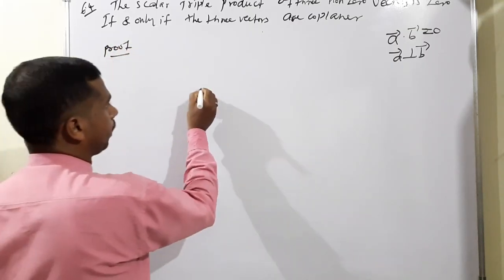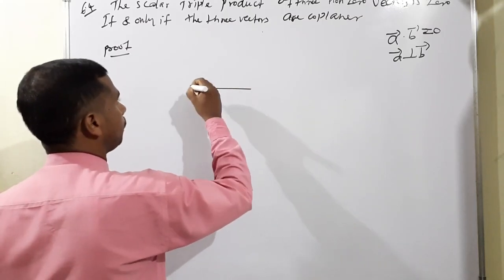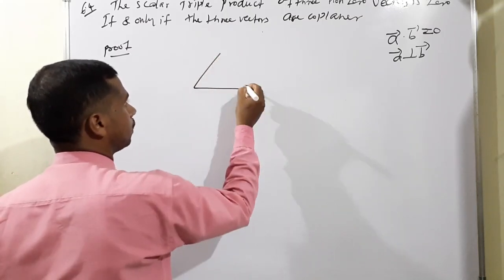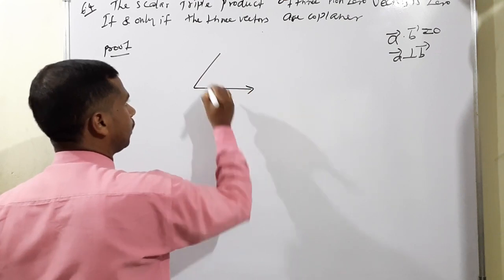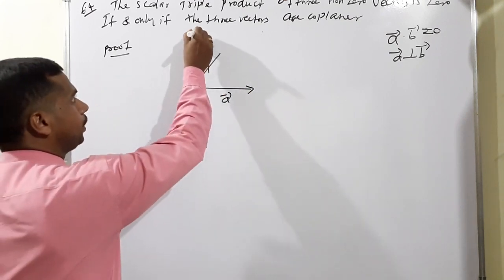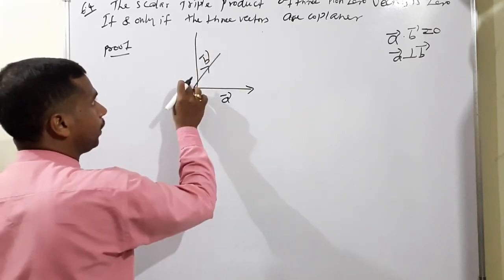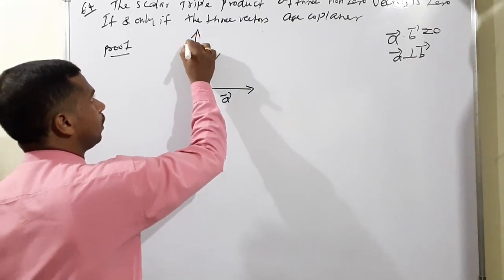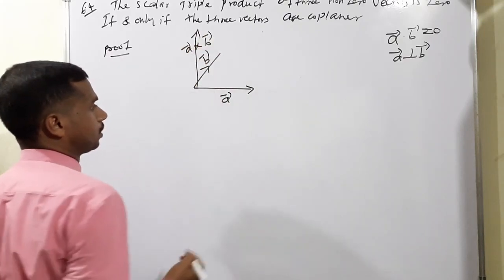If you have the diagram of the parallelepiped, the volume of the parallelepiped: this is considered A vector, this is considered B vector, and between A and B, drawing one perpendicular line is called A vector cross B vector, isn't it?